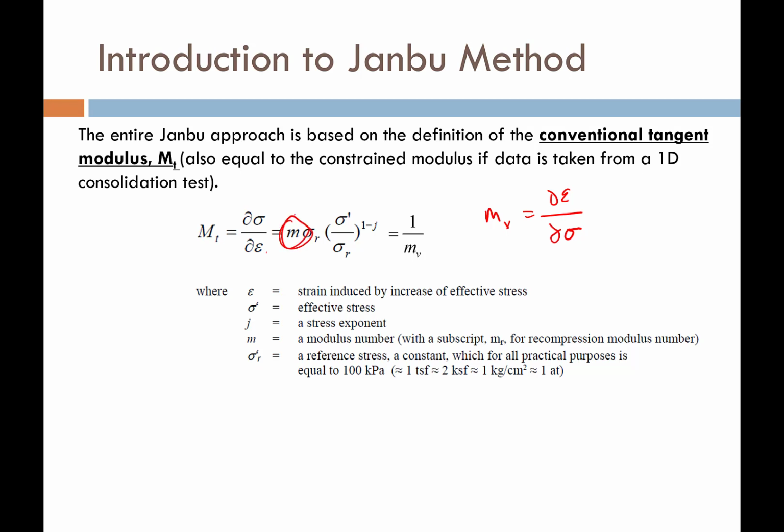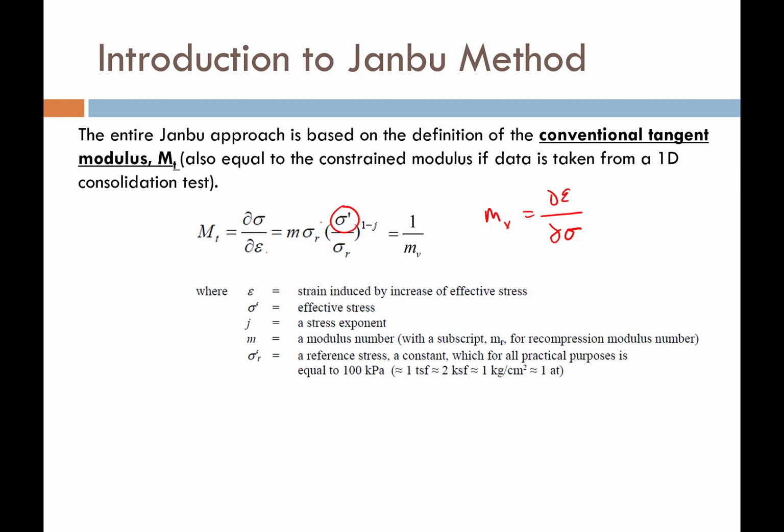So there's that m, that's the modulus number for the soil. And there's two types. There's the modulus for the normally consolidated, but there's m sub r for recompression or over-consolidated soil. So over-consolidated soil has a different modulus than normally consolidated soil. Here's the J that we talked about, and again, that's the stress exponent that we'll introduce to you a little bit later.